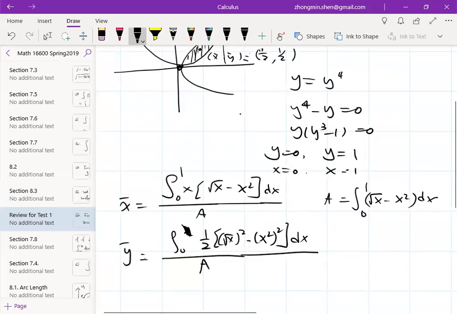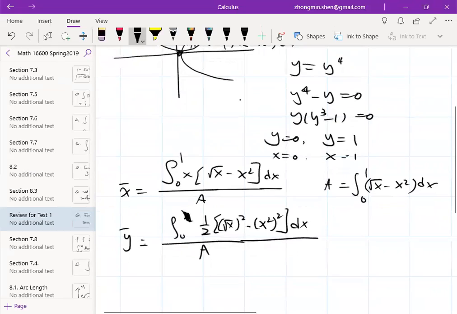Okay, so this is section 8.3, and if you don't understand how to get this formula, just memorize the formula. The second one I didn't show you how to get the formulas. But this is f squared minus g squared.